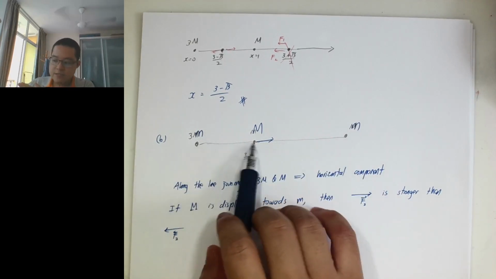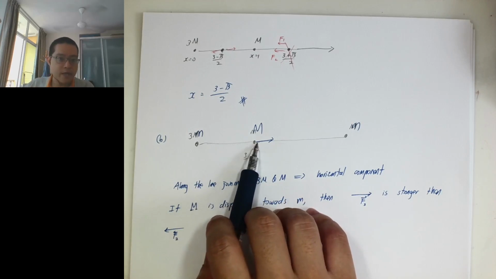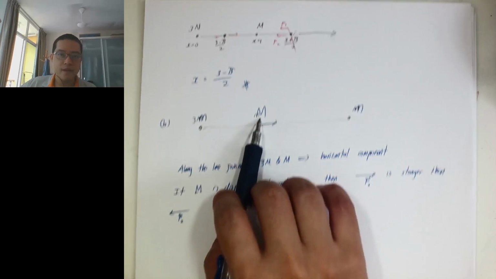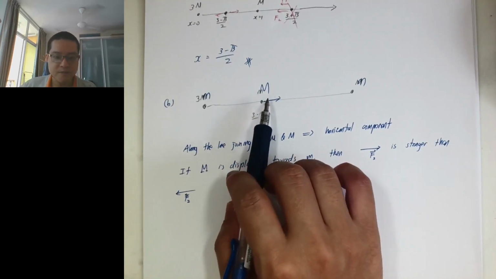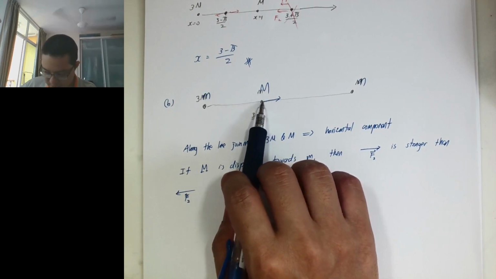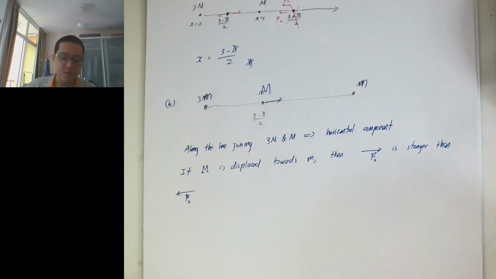And then I move this further away, then it is a weaker force, so it will get pulled towards this.